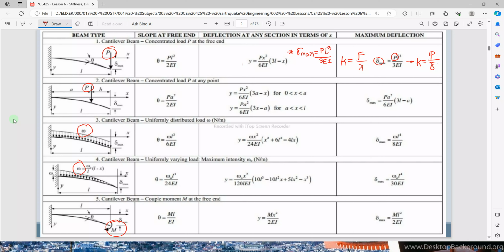Since the stiffness is P over delta, if we just cross delta to the other side, we will have 3EI over L cube is equal to P over delta. Or simply, the stiffness sa atong cantilever beam under concentrated force is equal to 3EI over L cube.